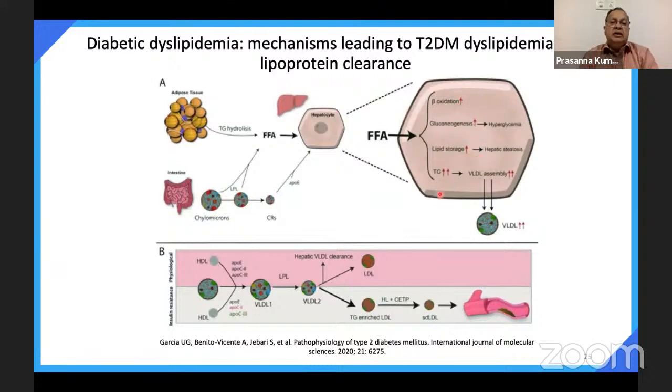As long as the liver can handle the fat, it does not matter whatever you eat, the triglyceride and cholesterol will be normal. As age advances, the liver becomes aged, and its capacity to handle free fatty acids comes down. That's why it leads to an increase in VLDL and triglyceride.